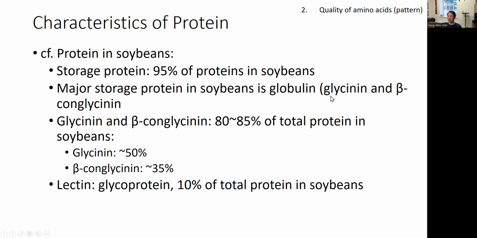Soybean globulin is called glycinin and beta conglycinin, which again make up the majority. Between these two, glycinin is more than half, and less than half will be beta conglycinin, right? So this means young animals will have an issue handling the soy protein. The adult animal has no problem, but this is the case of young animals.